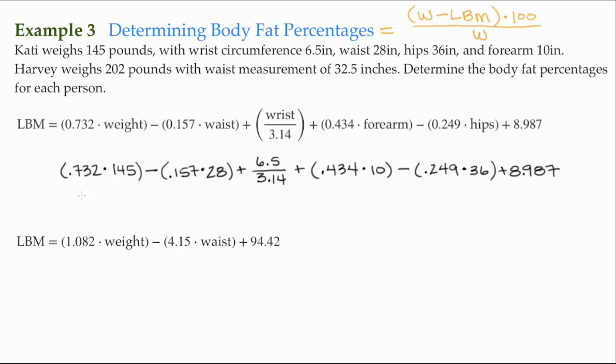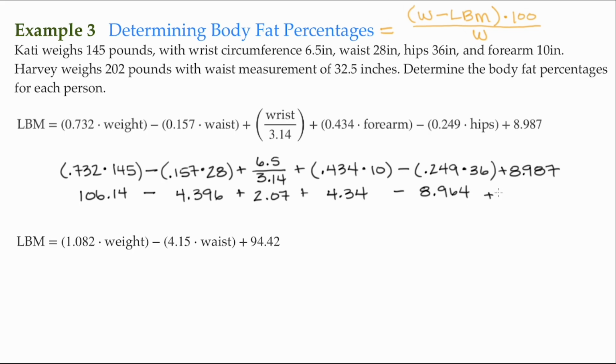This comes out to be 106.14 minus, and this comes out to be 4.396, plus, and this comes out to be 2.07, plus, this is 4.34, minus, this comes out to be 8.964.